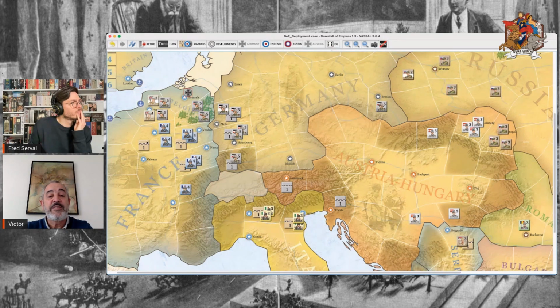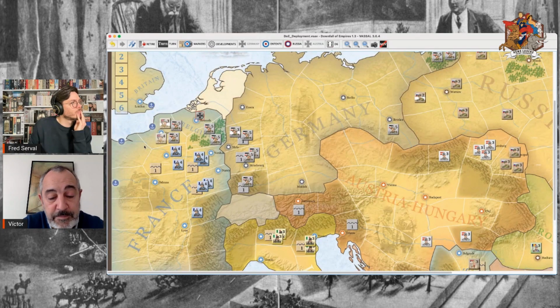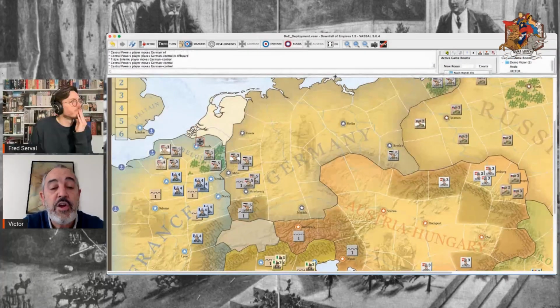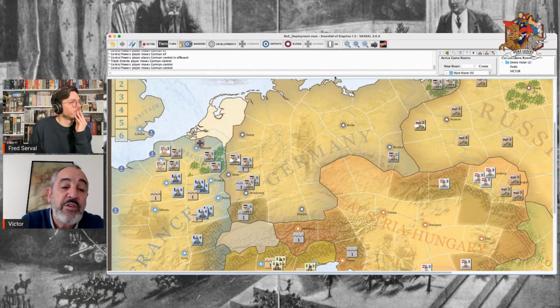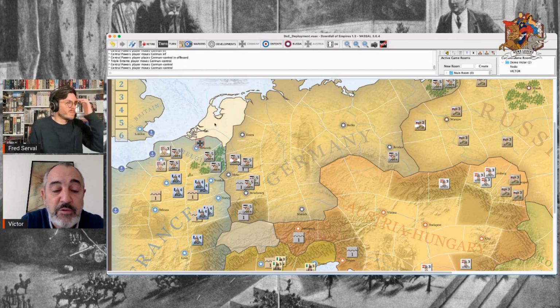Let's see what happens with the combats. Now the combats are 5-4 and 5-3. So it's 2 separate combats. Yes, because I have decided to attack both. I could decide to attack only one, but I have decided to attack both. When I enter an area with enemy armies, I have to attack the full armies first before the reduced armies.